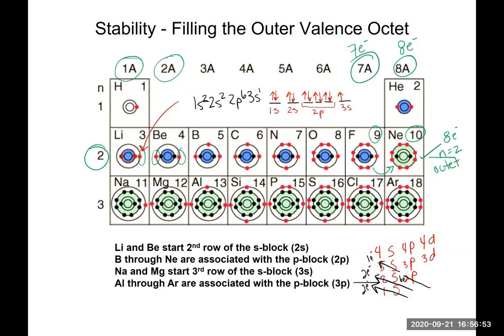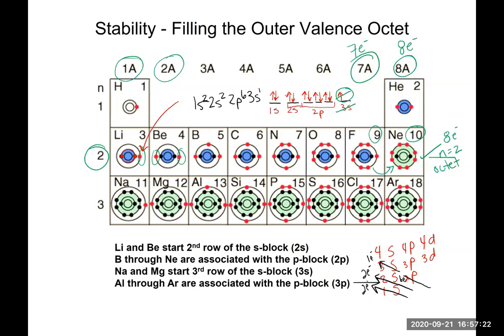If sodium could just give up that one electron that it has in 3s, there would be no more electrons in 3s. 3s would still reside, but it would be empty. And that would mean that sodium's outer valence shell is now 2.